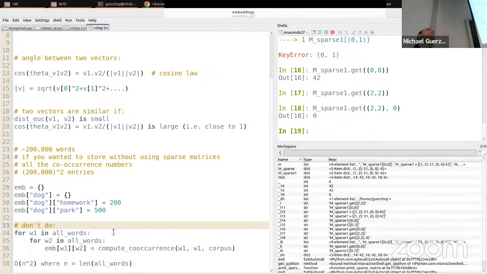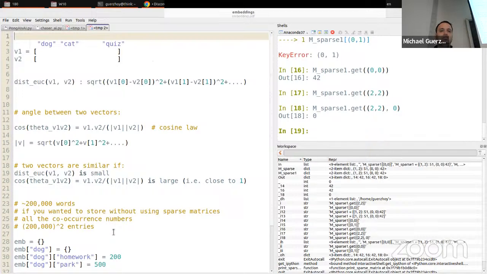Questions about any of this? Yes. You are comparing some word V1 to a list of words. What determines which words we should use as the axes for the vector? It's all of them. All the words in the corpus. Okay.